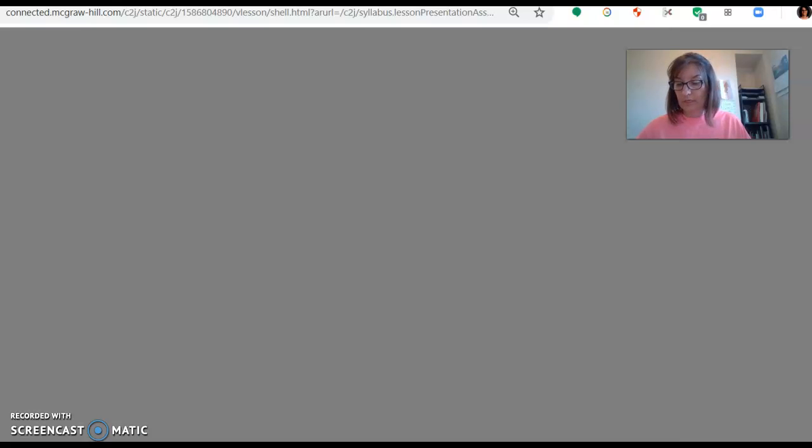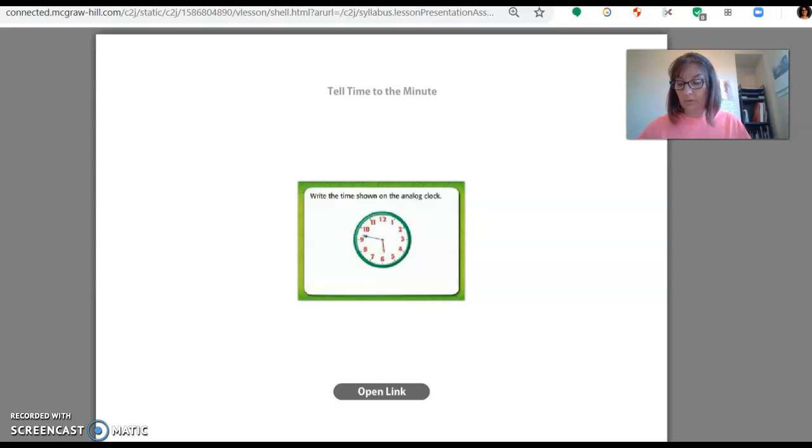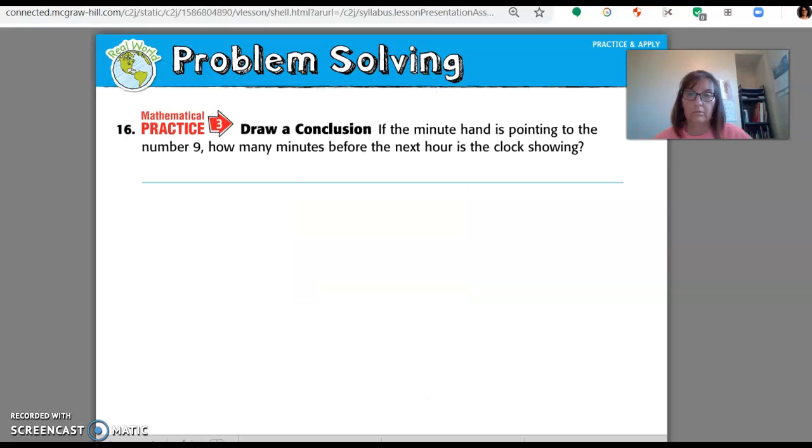And on number 16, it says, draw a conclusion. If the minute hand is pointing to the number 9, how many minutes before the next hour is the clock showing? So let me repeat that now that the page loaded.